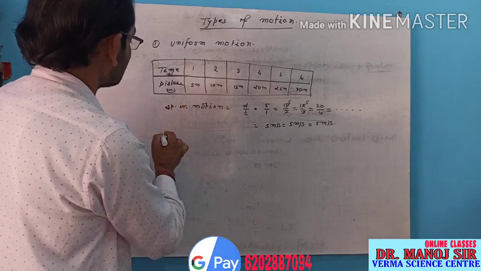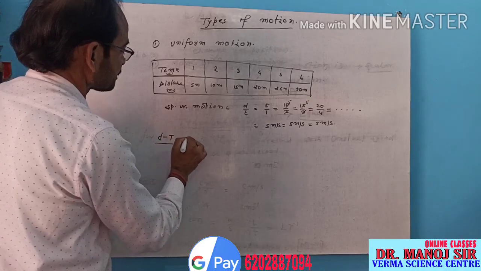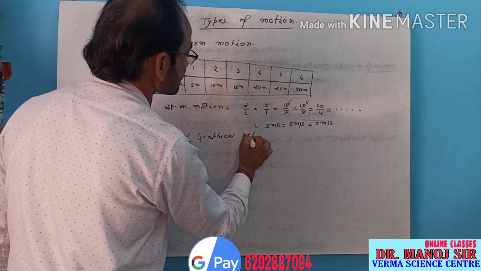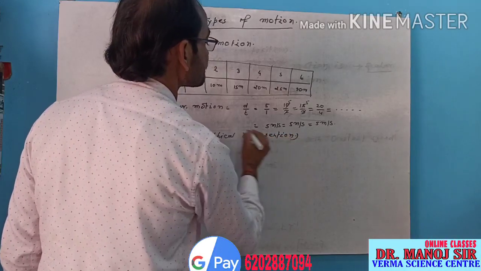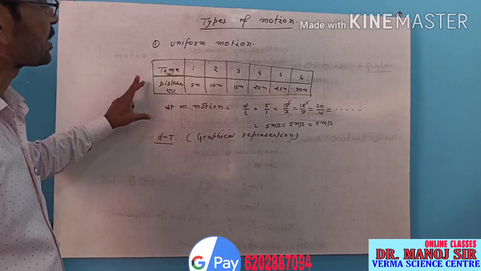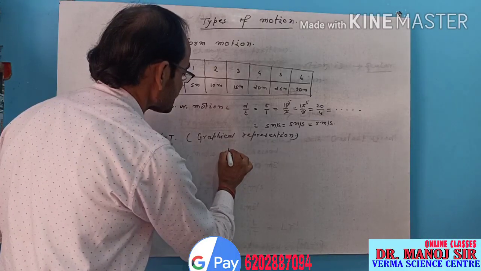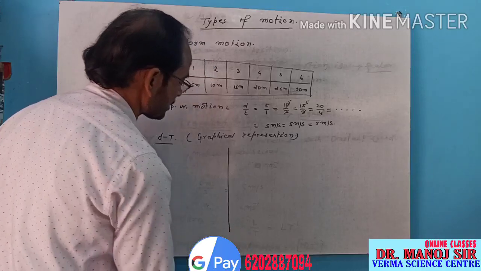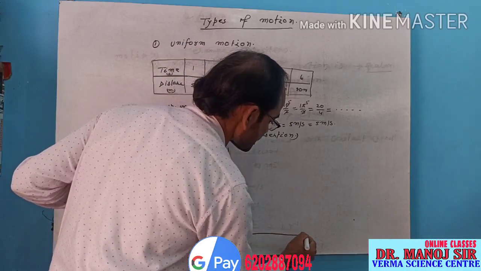Graphical representation between d and t. At first we know distance is always taken vertically on the y-axis, where time is taken horizontally on the x-axis.